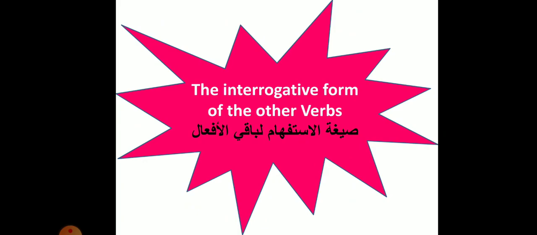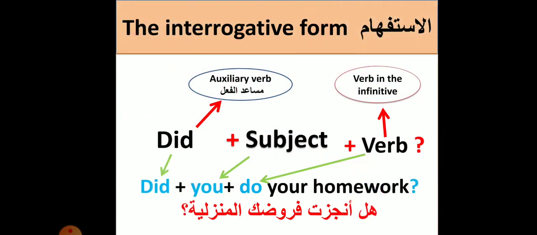The interrogative form of the regular and irregular verbs uses the auxiliary verb to do in the simple past, which is did, plus subject plus verb. Did plus subject plus verb.